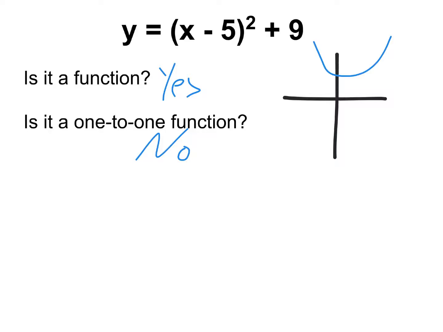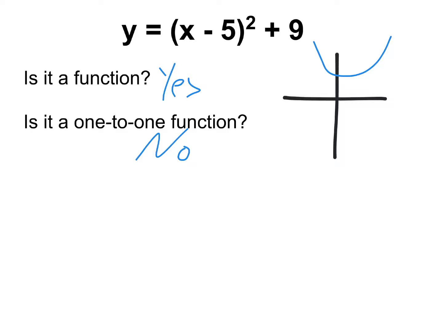So in order for it to be a function, it only has to pass the vertical line test. For it to be a one-to-one function, it has to pass both the horizontal and vertical line tests. The whole idea is that in a one-to-one function, there are no repeated values among the x's or among the y's. So nothing gets repeated along the way in any way, shape, or form.